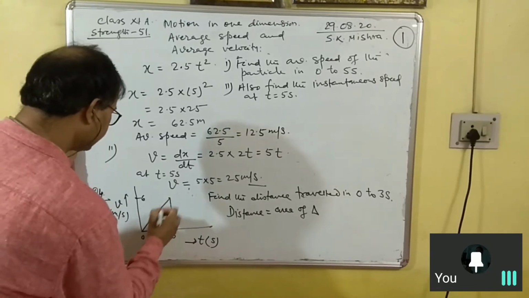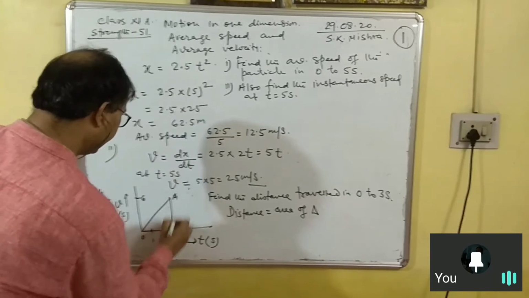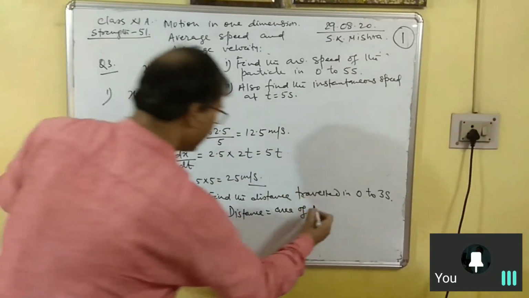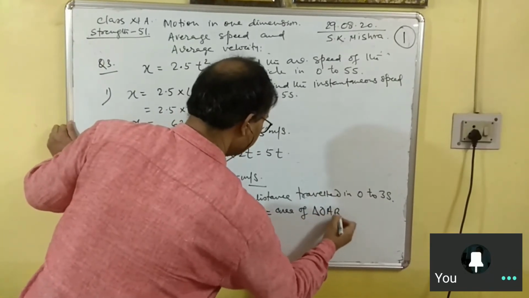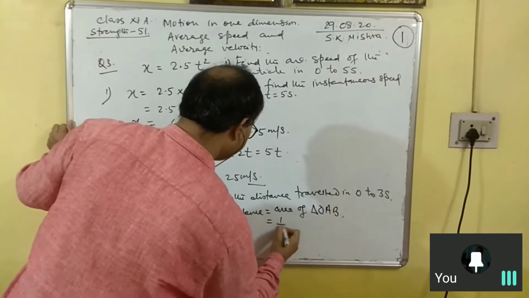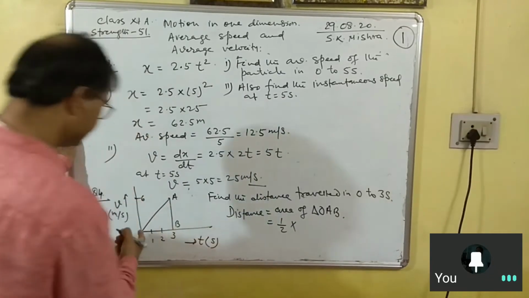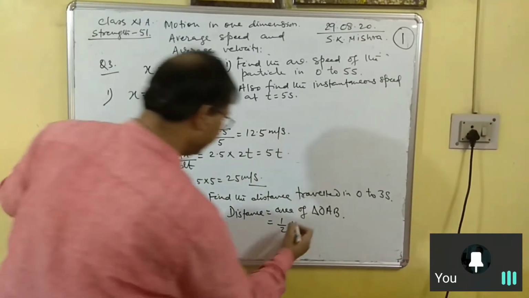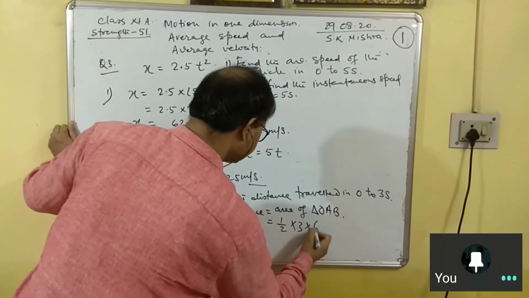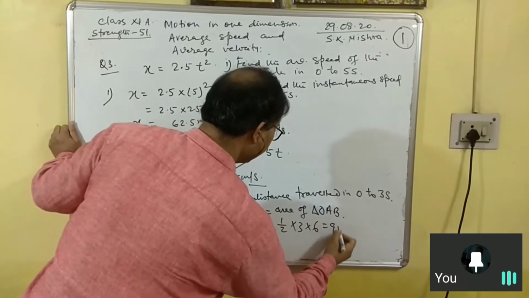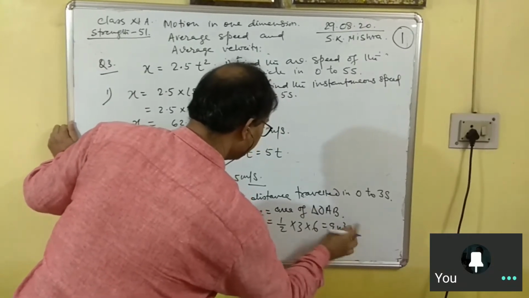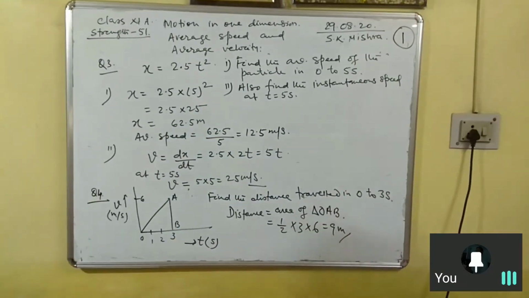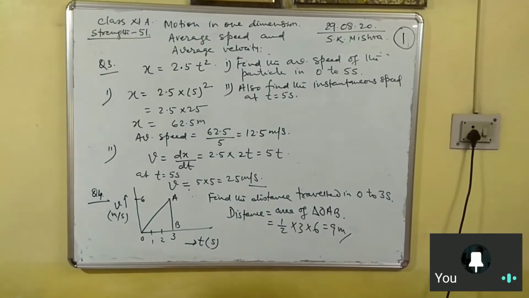Suppose this is O, this is A, this is B. So the area of triangle OAB is half into base, base is 3, into height is 6. So 3 3s are 9 meter. Distance covered is 9 meter.